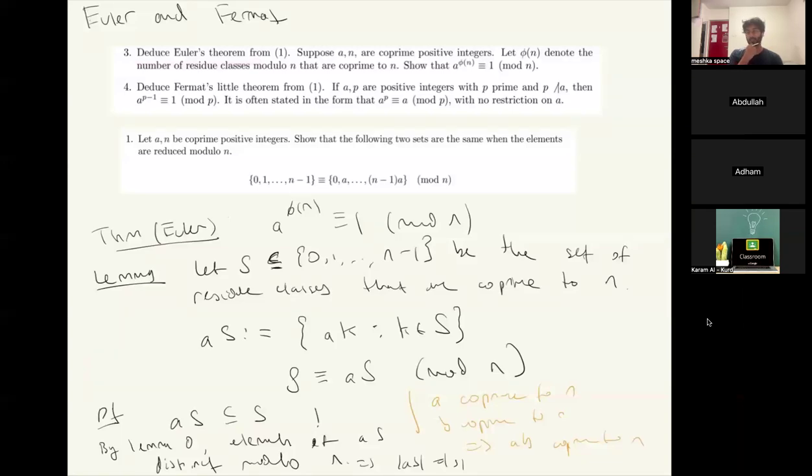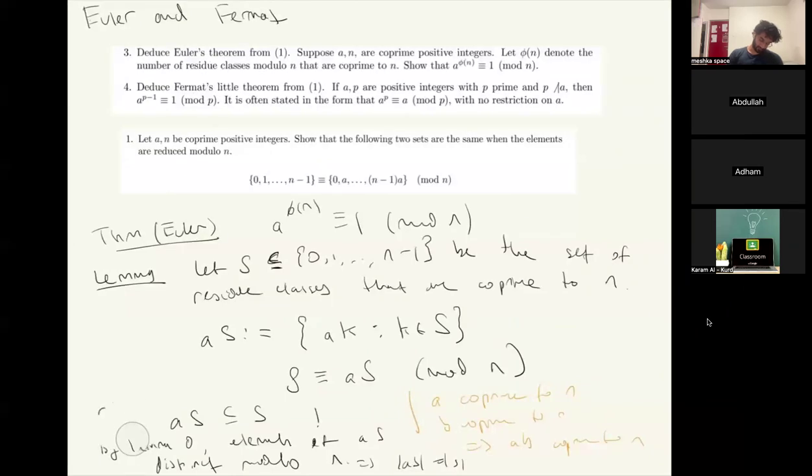Since S is congruent to AS mod N, the product of all elements of S is the same as the product of all elements of AS modulo N. Excellent, right? So let me write down what you just said.